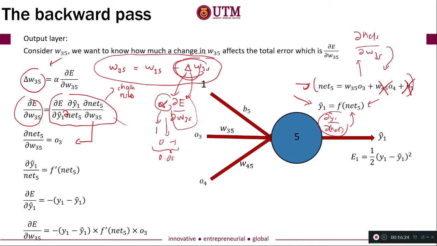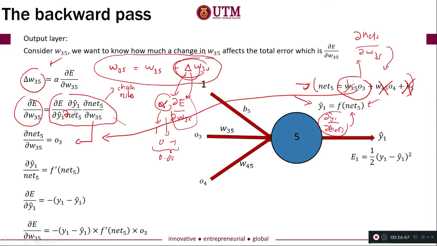The only component with the variable is this one. So the derivative of net 5 over W35 becomes 1 times this, which gives this one. That is for this component only.